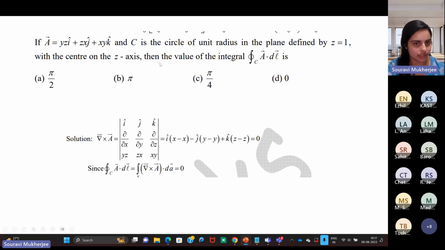But that makes it unnecessarily complicated. The first thing you should try with this is to find the curl. Whenever you are asked to solve closed line integrals, try to find the curl. Okay, and if your curl is 0, like in this case, your integral should be 0. So the answer is B. Okay.